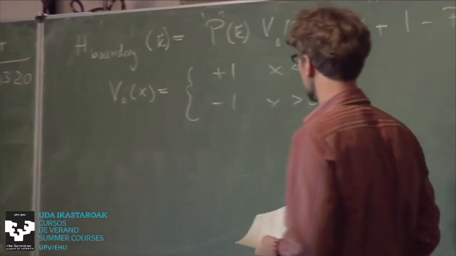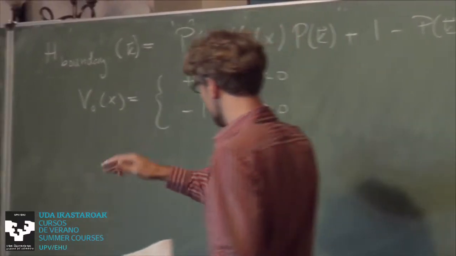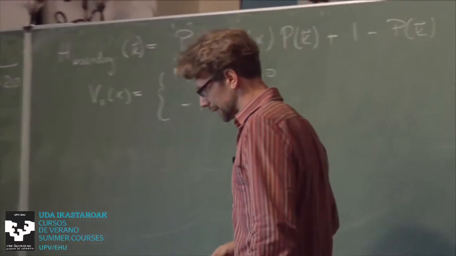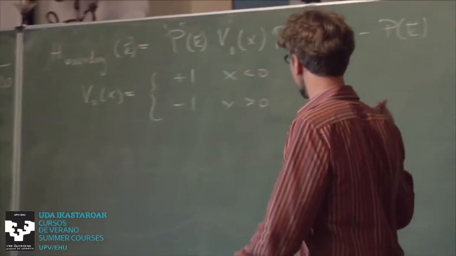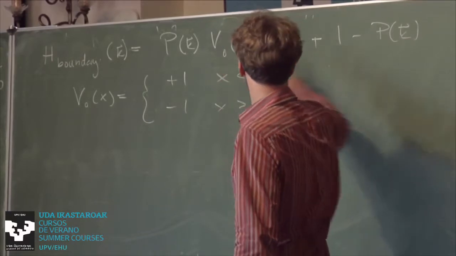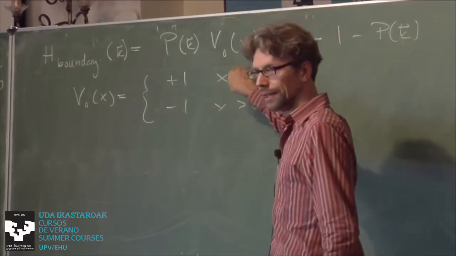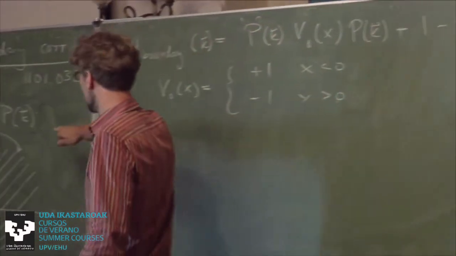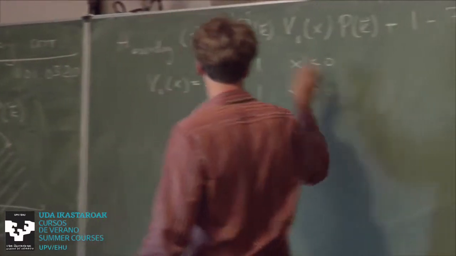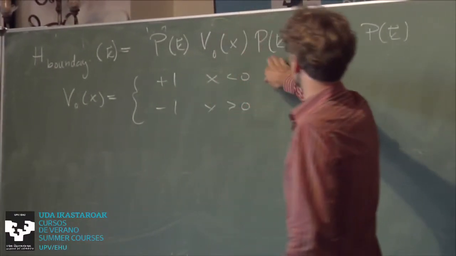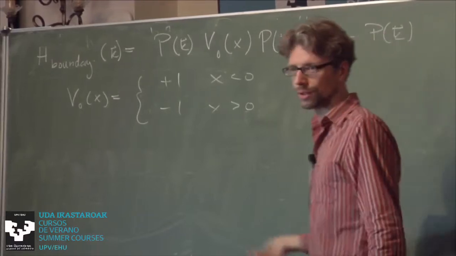So what have I written here? Why is this representing the system with a boundary? Very much on the right-hand side, we have 1 minus 2 times P of K. P is a projector, so P squared is equal to P, and we have this H flat. On the left-hand side, where V naught is +1, this P cancels out, and the Hamiltonian is just the identity.